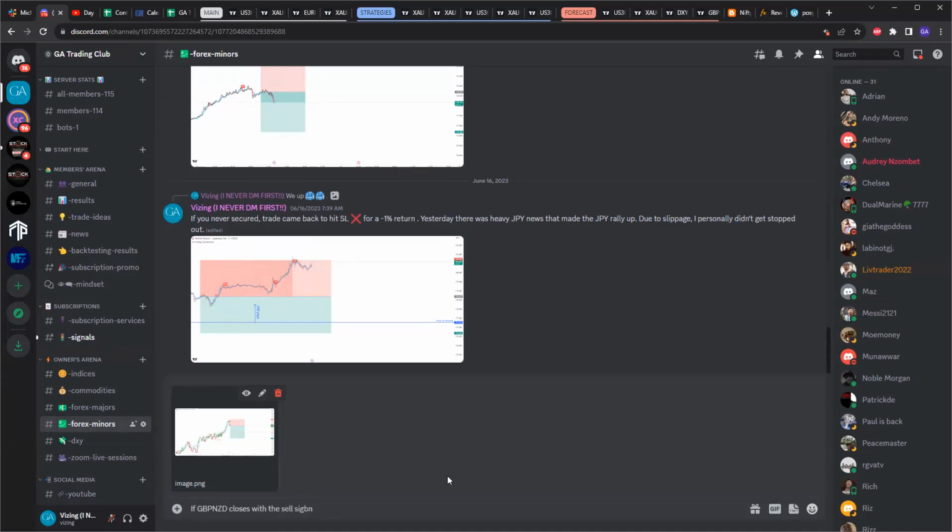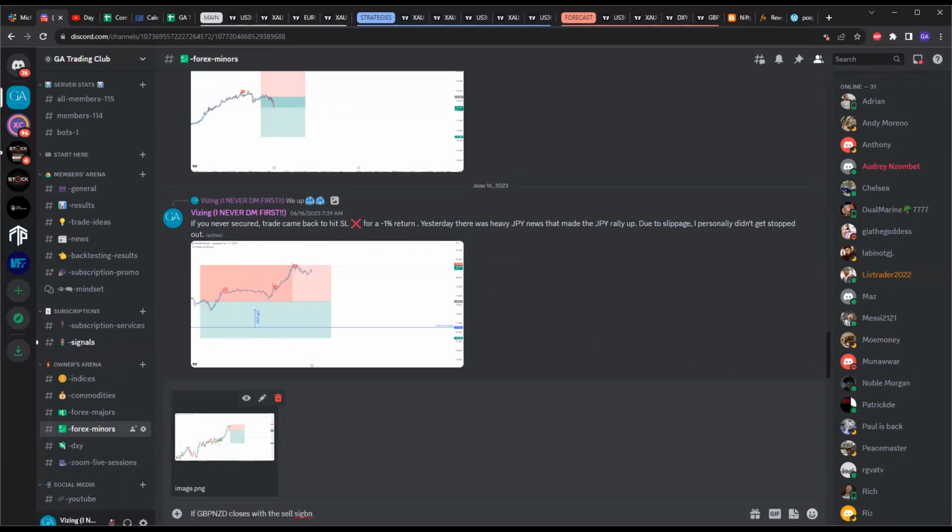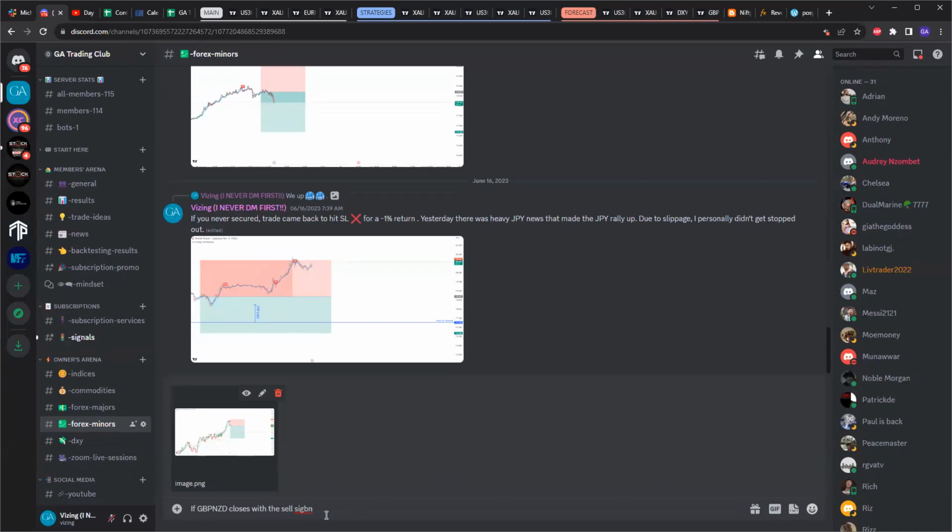Also, what do you guys consider minor pairs and major pairs? For me, I used Babypips to learn how to trade, and I think major pairs have to be tied with a USD pair, right? Even a GBP. So GBP NZD, is it a minor pair or a major pair? It's a major pair because there is GBP. Oh, so it's not only tied to the US dollar. Okay, my bad.